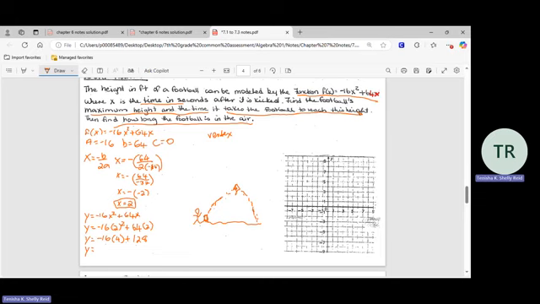So y is equal to negative 64 plus 128. And so y is equal to 64. So our vertex is at (2, 64).